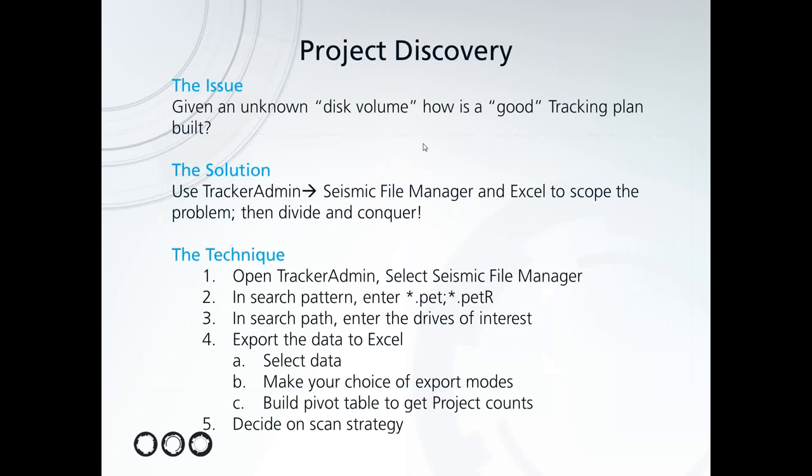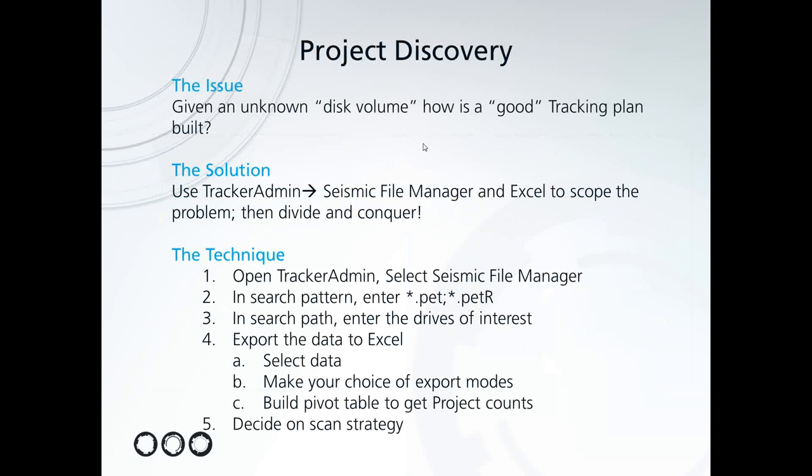So the way we recommend doing that is in the Tracker version 4, and of course it's carried forward to version 5, there's a tool built in that really allows you to check your bulk data against the database. But since it's a scanning tool, there's a clever little way to use that to get an idea what's going on on your disk volume. So the technique would be we'd open the Tracker admin, select the Seismic File Manager.